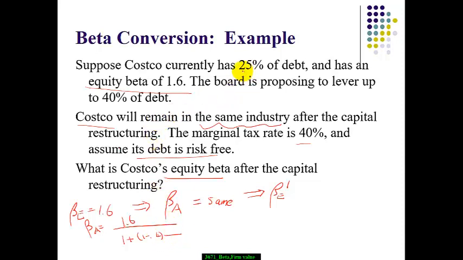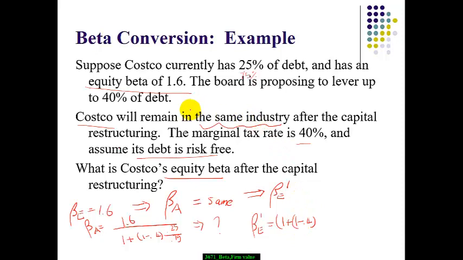Currently, debt is 25%, which means equity is 75%. So the debt-equity ratio is 25 over 75. Once we get the asset beta, we level up. We multiply by this term.